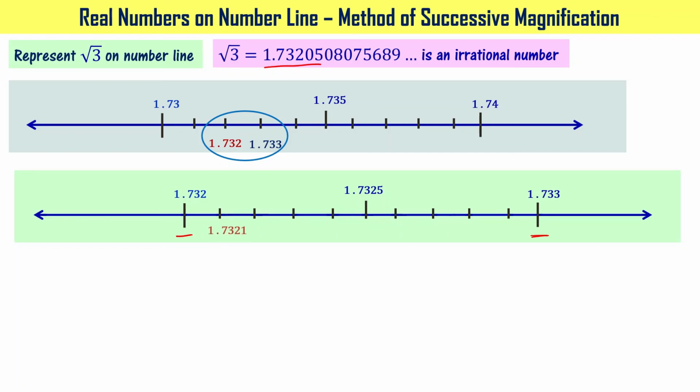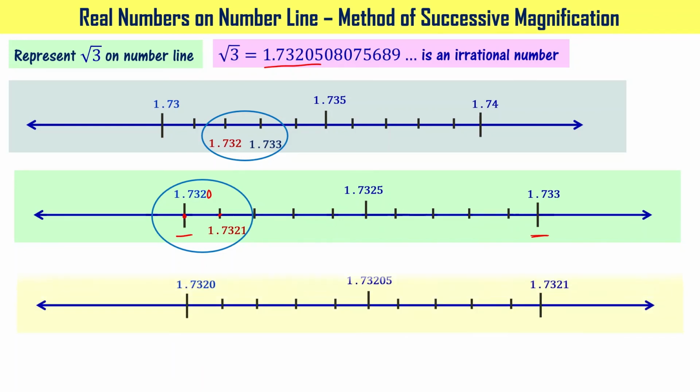It is greater than 1.7320 and smaller than 1.7321, right? It means the regime or the zone which has to be magnified is lying between these 2 points, right?